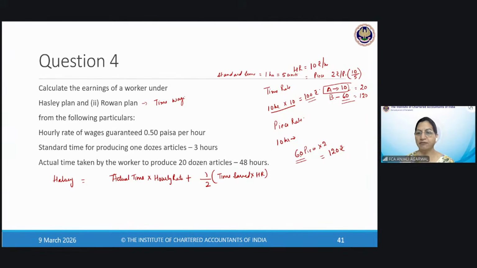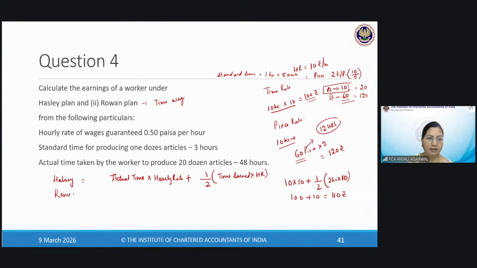So if he has made 60 pieces, 60 pieces should have been made in 12 hours. At this standard rate, 5 units take 1 hour, so 60 units should take 12 hours. But he did it in 10 hours. So he will get 10 hours into 10, plus half of the 2 hours that he saved into the hourly rate, which is 10. So he will get 100 plus 10, not 120, but 110.